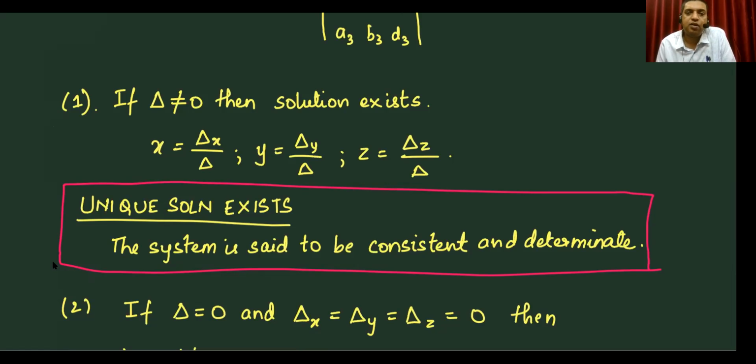Okay, when we apply this rule and check, then we can solve. Even if we have 50 unknowns and 50 equations, you can get the solution by evaluating determinants.